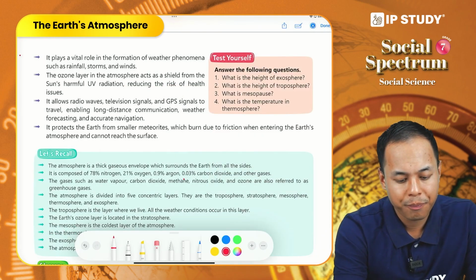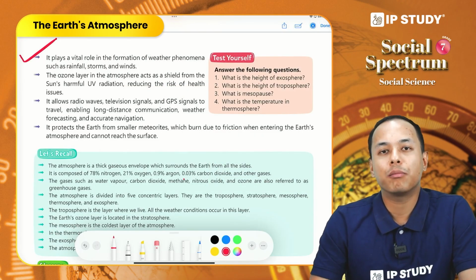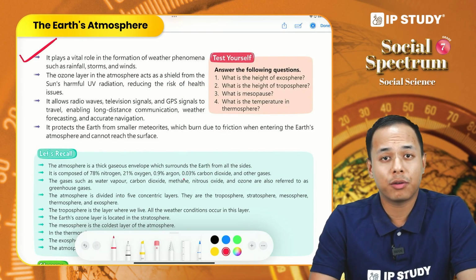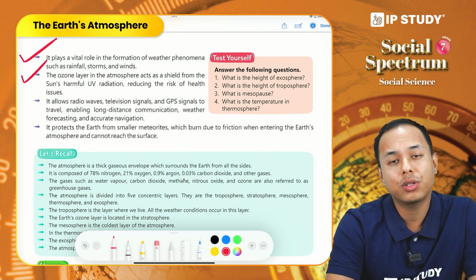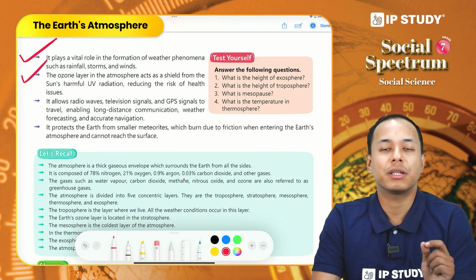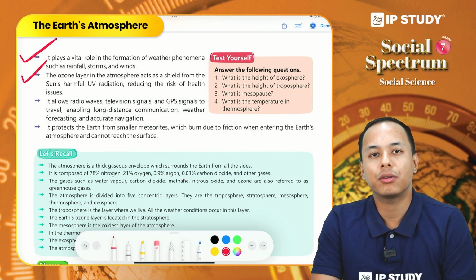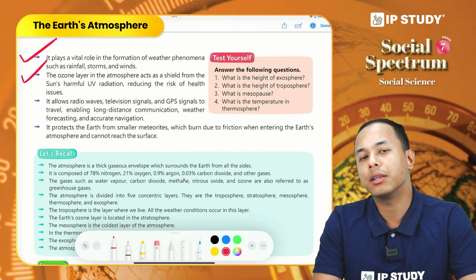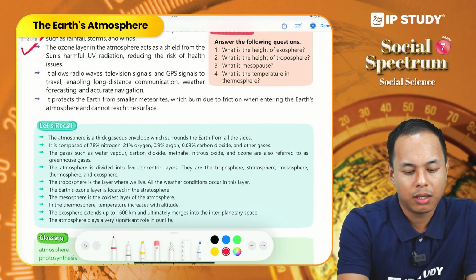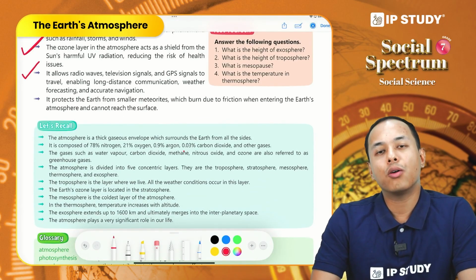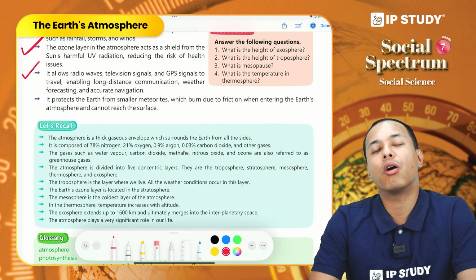Next, the atmosphere plays a very important role in the formation of weather phenomena like rainfall, storms and wind. The ozone layer is present in the atmosphere and plays an important role in protecting us from the harmful ultraviolet rays coming from the sun. Next, it allows radio transmission and long distance communication.